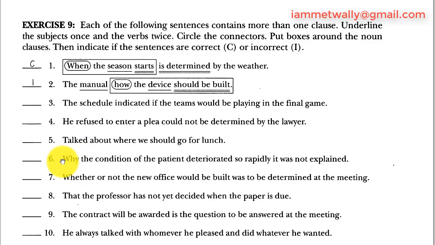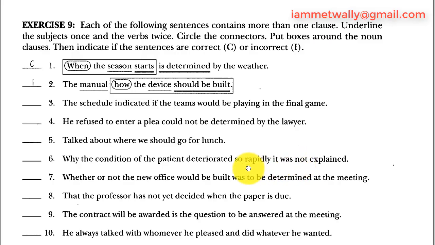6. Why the condition of the patients deteriorated so rapidly it was not explained. So why is a connector, the condition is the subject, deteriorated is the verb, it is another subject, was is the verb, and this sentence is absolutely incorrect. Why?